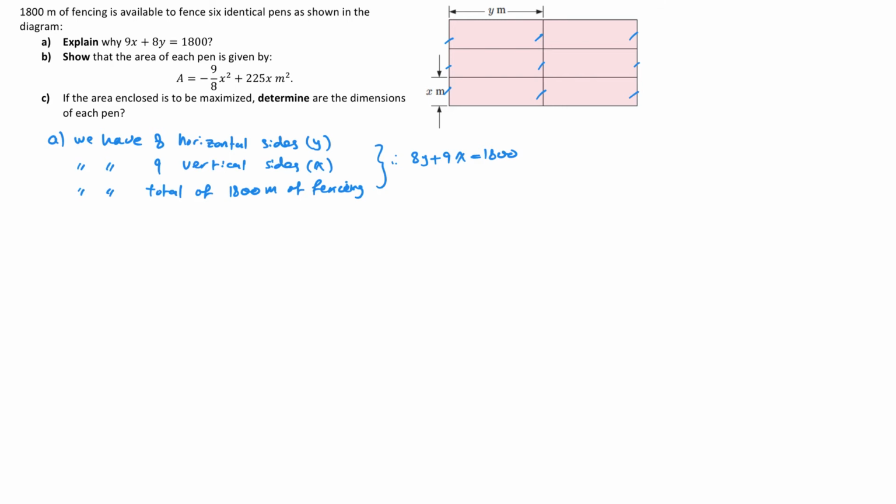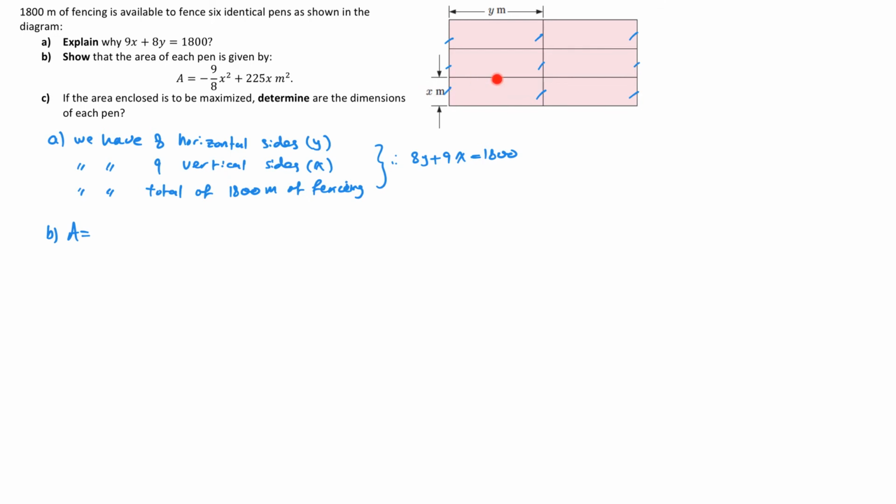Fantastic. The second part of the question says the area of each pen is given by this. And this seems a little daunting at first, but it's actually not bad at all. So we say that the area of each pen is equal to its width times length.